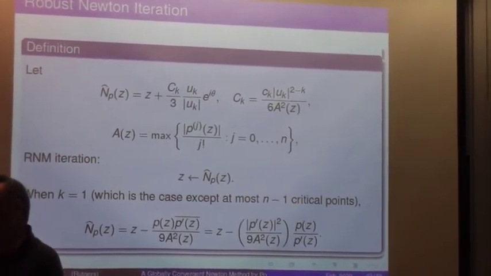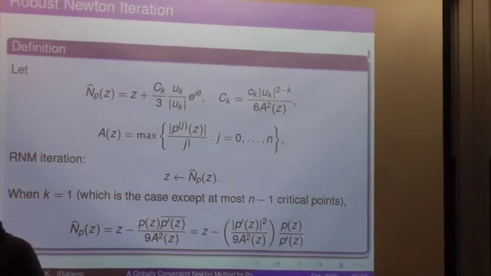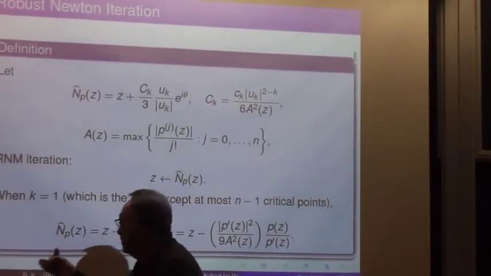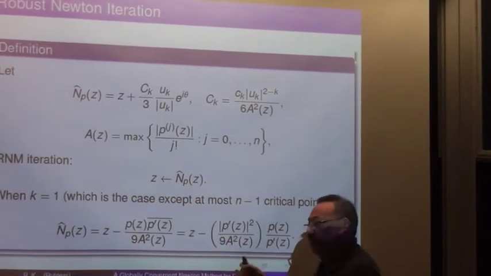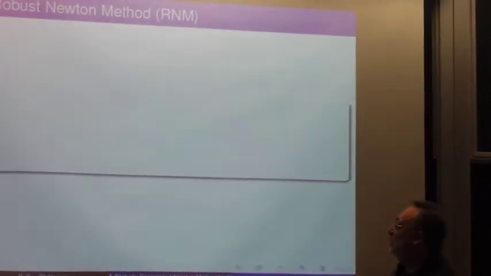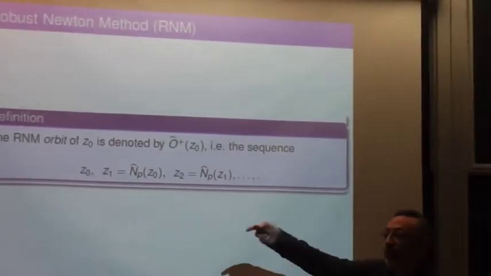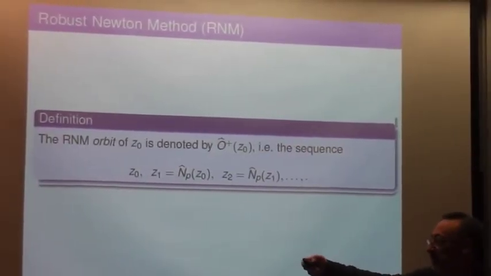And you know that if it's not zero, it should go down. But then what step do you take? So here I'm giving a specific step to take in the Newton direction. And we can define the orbit under this.